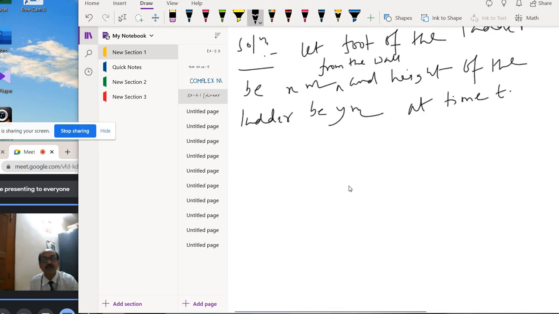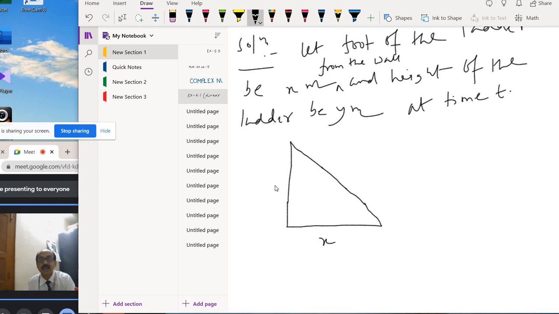Now you can draw here. So this is x, the foot, and this is the height y, and this is the wall.